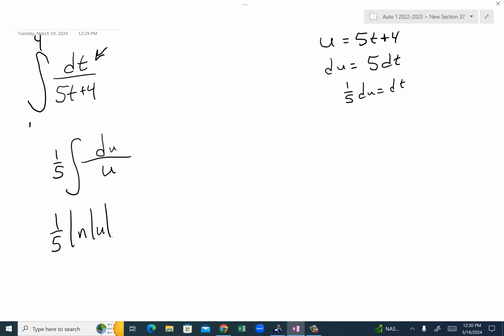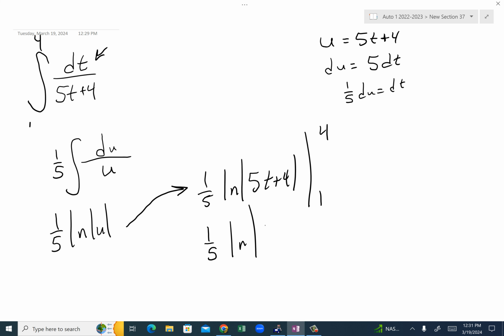So this is what Groom would typically do, right? And then what I'm going to do is reverse substitute. This is what I would do. It's just me. You don't have to do it this way. This is how Groom does it. And then I evaluate from 1 to 4. That's how I do it.